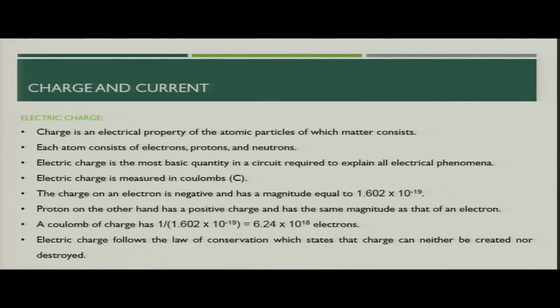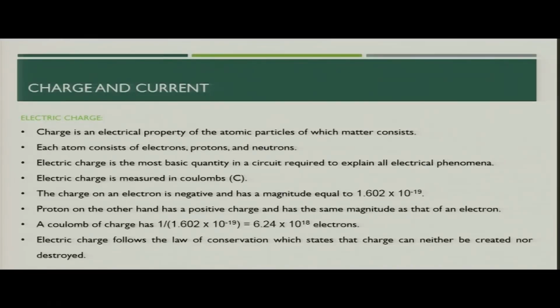Now, let us talk about charge. What is charge? Charge is an electrical property of the atomic particles of which matter consists. If you see anything around you, it is composed of molecules, and molecules are composed of atoms. Inside the atom you will see electrons, protons and neutrons.